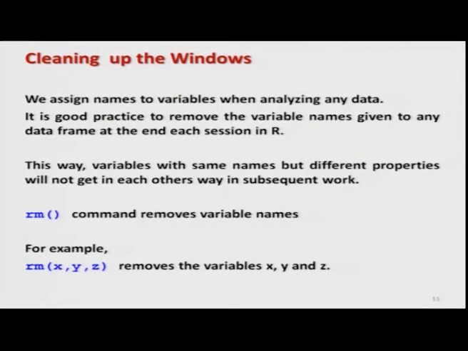Now obviously, once you have done a program, you will get ready for the next program. So it is always better that you first clean up all the windows. Whatever variable names and information you have defined should be cleaned up. For example, suppose I am writing a program in which I have used a variable name, say age, to denote the ages of some older persons.